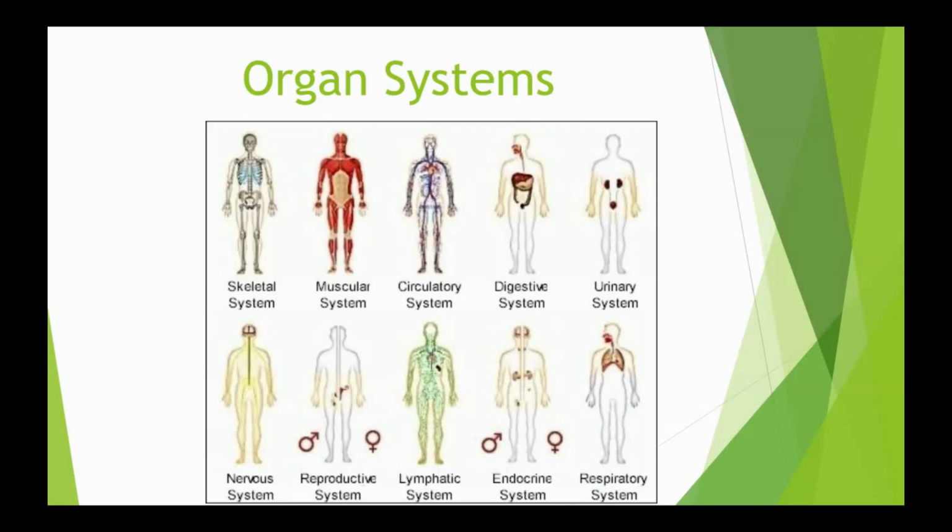A lot of these you're probably familiar with. In the human body, we've got several: circulatory system, muscular system. Not all organisms are going to have all of the same organ systems. Some may have all of the same, some may have a few, or some organisms may not have any of these that are similar to us.